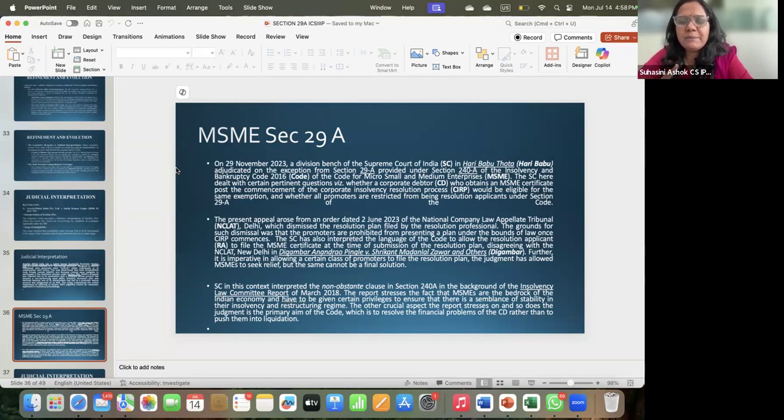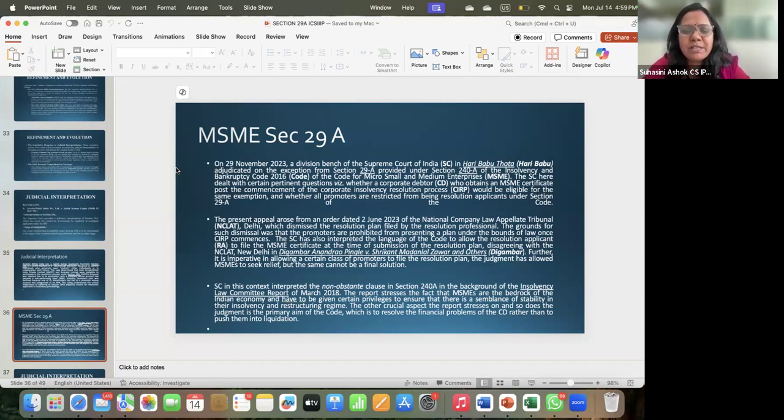They said that the MSME certificate was obtained at the time of submission of the resolution plan. NCLAT also took reference of one more case, Digambar Anandrao Pingle versus Shrikant Madanlal Zawar, where they did not allow the promoters to file the resolution plan seeking MSME relief and applying for an MSME certificate during the CIRP process.